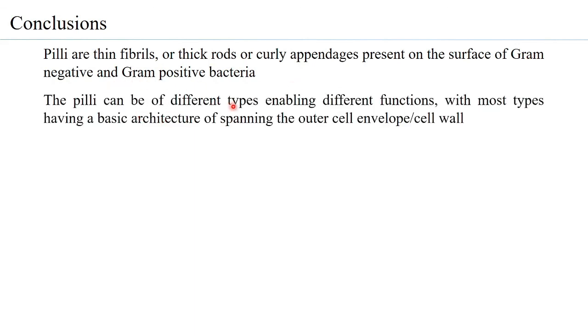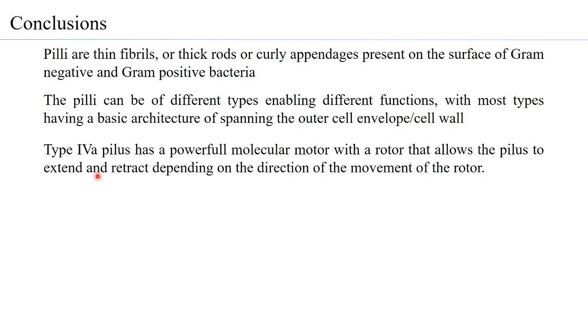The pili can be of different types, enabling different functions, with most types having a basic architecture spanning the outer cell envelope and cell wall. The type 4A pilus specifically has a very powerful motor with a rotor that allows the pilus to extend and retract depending on the direction of the movement of the rotor.